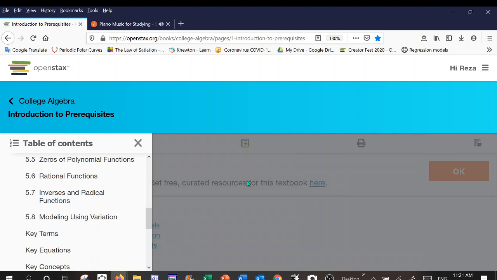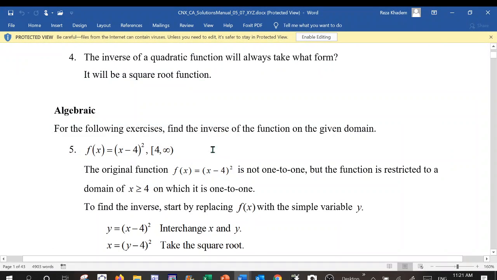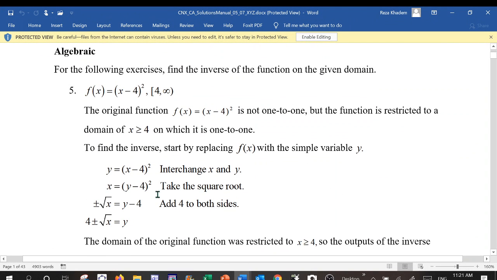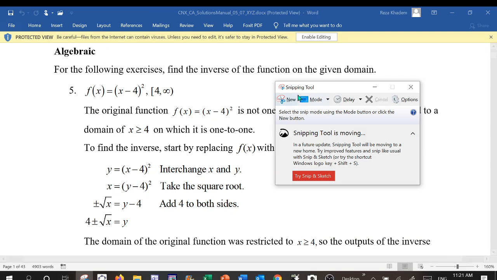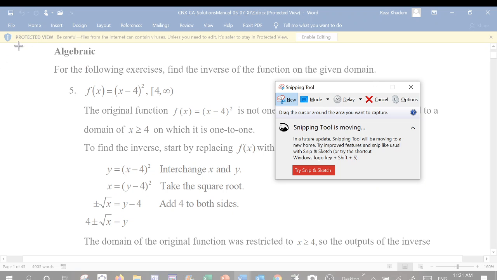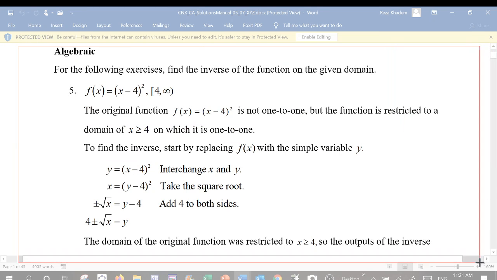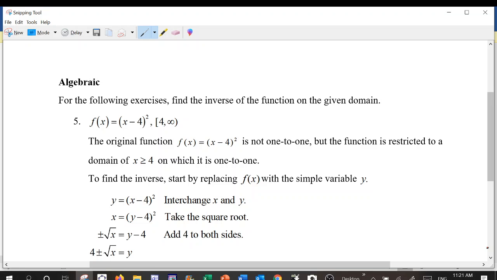As usual, I'm going to get rid of my video and continue. So before I talk about it, I want to first of all remind you of inverses, how to find inverses. Let me get some area we can work with.